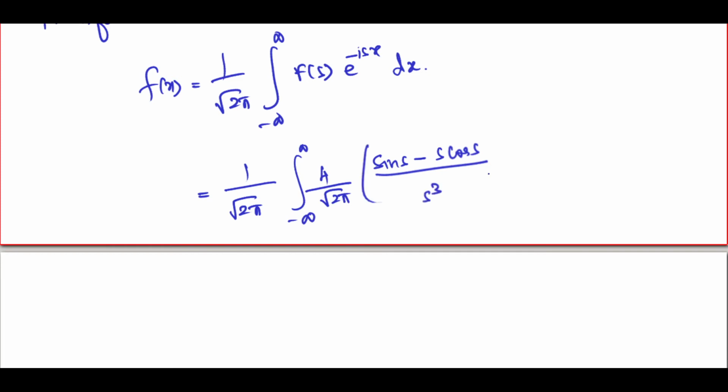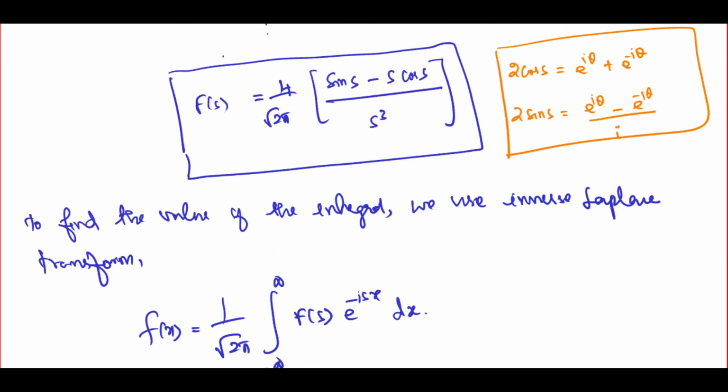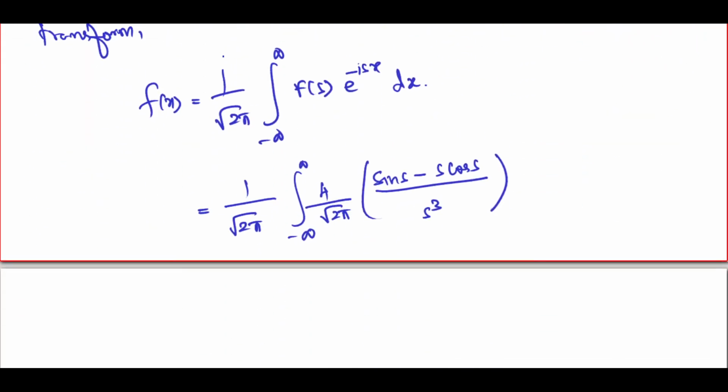This is coming from the Fourier transformation of f of x, which I have just written at the top, and of course further into e to the power minus isx into dx. All right. Now how do you solve this problem? You know, e to the power minus isx is nothing but cos sx minus i sin sx. So just put it together.